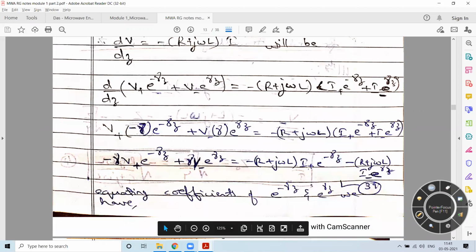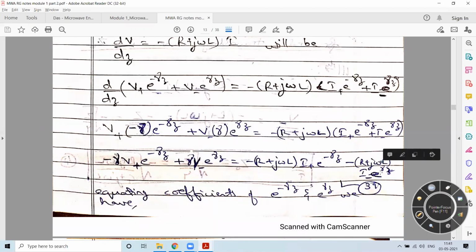Now I compare the coefficients of these parameters on both sides. So when I compare, I get minus gamma V plus is equal to minus of R plus j omega L into I plus.